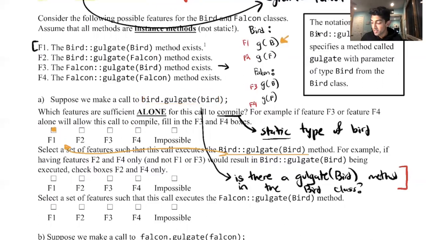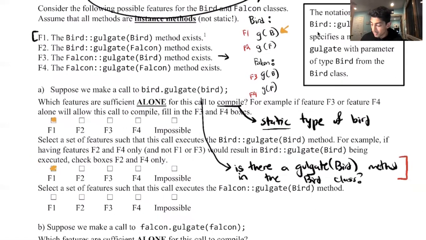So this second part isn't actually asking us anything new. All it's saying is that F1, if it exists, will get executed, because we know from the previous part, if F1 exists and nobody else exists, F1 will get run. So in the second part, in order to ensure F1 is getting run, we could just add it in there, because we know that it will get run if it exists and nobody else exists.